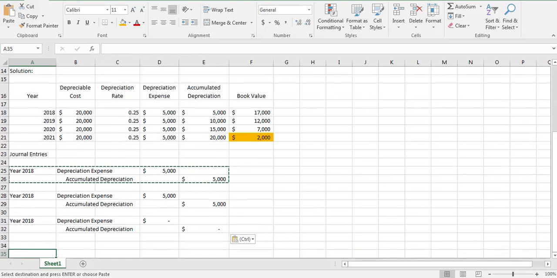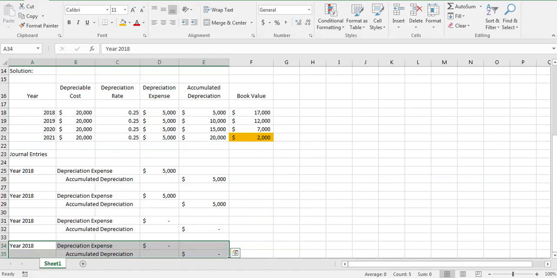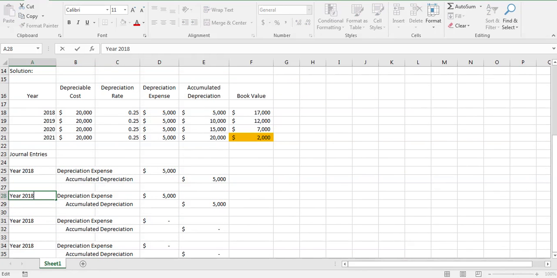The only difference is that depreciation expense is an operational or nominal account, which means that every accounting year end, it will go back to 0 with the income statement, the closing of the books. The accumulated depreciation, since it's a real account, will stay because it is a balance sheet account.